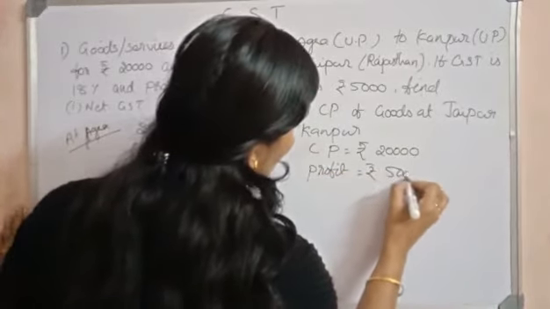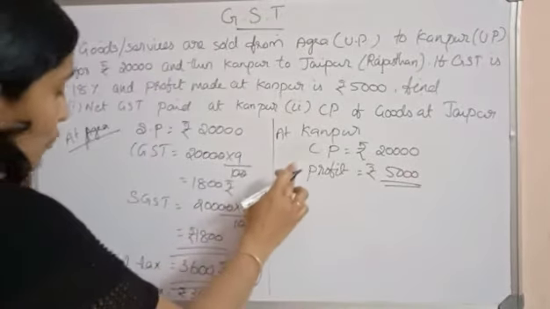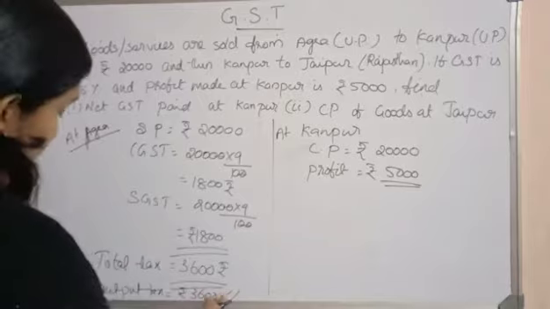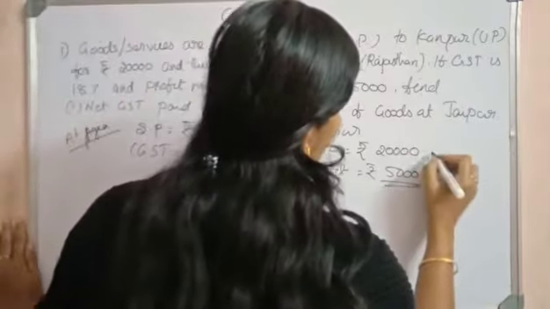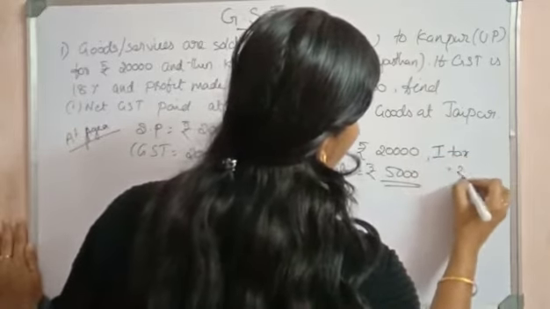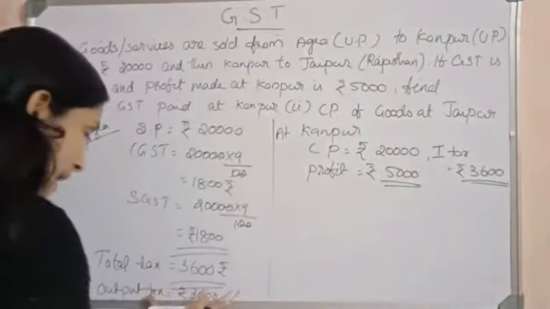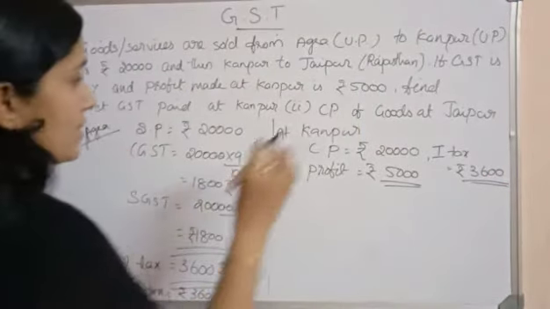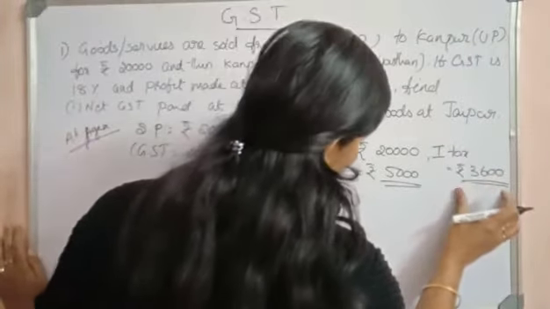And at Kanpur, we know that the input tax is 3,600. The output tax at Agra is same as the input tax at Kanpur. Here the input tax is 3,600.